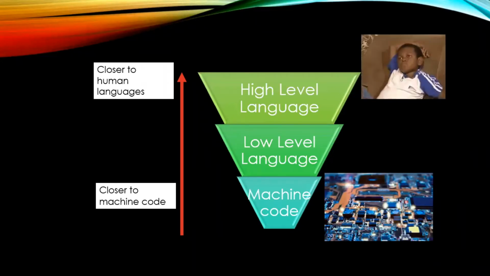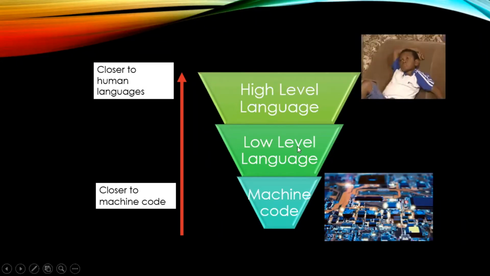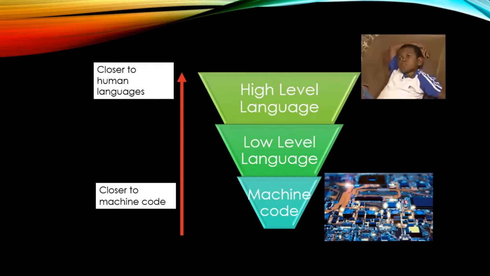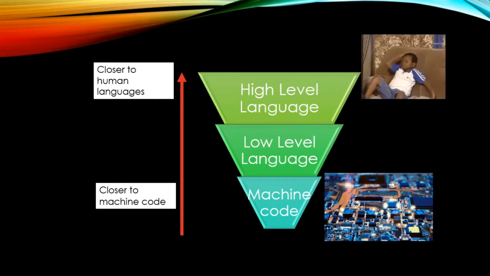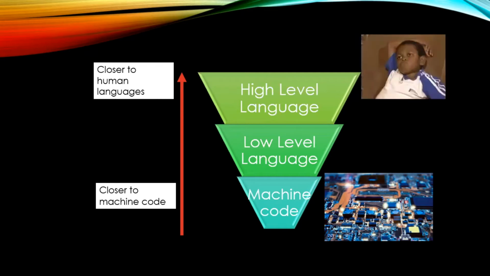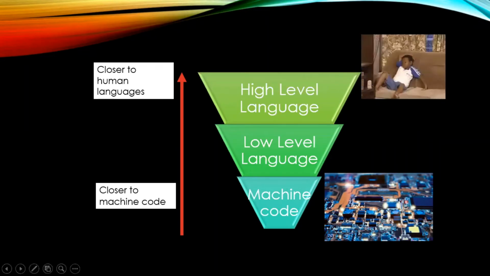Now, in the middle of it, we have what is known as the low-level language. The low-level language contains certain English keywords, but they also contain some pieces of machine code, maybe 010 or hexadecimal at the same time.